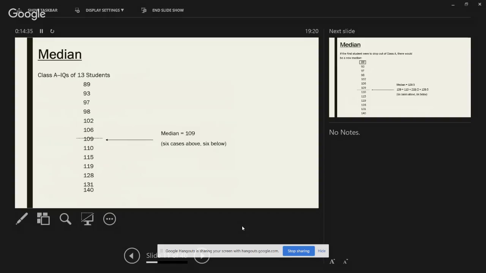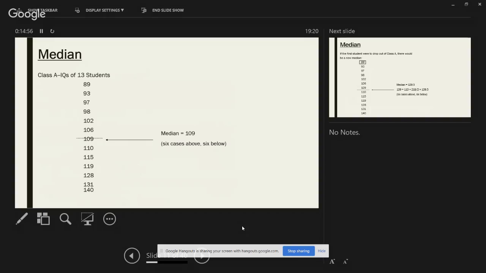So if I take an example to explain what exactly median is, we take class A, the example we took in the last example while we were calculating the mean. We have 13 students here, and we want to calculate the median.